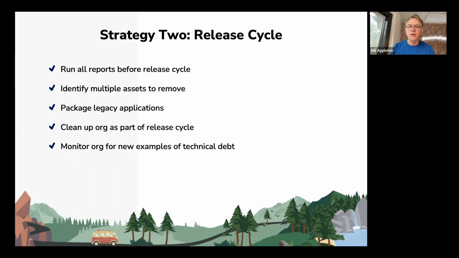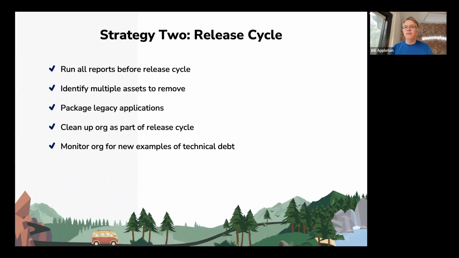Another great strategy is to package legacy applications. So if you have a legacy application that you're thinking, boy, this thing's been around forever, I'm not really sure we're using it, put it in an unmanaged package. And at least then you've identified it, and it's easy to delete, it's easy to get rid of, and you've kind of organized your org even though you didn't delete those assets.